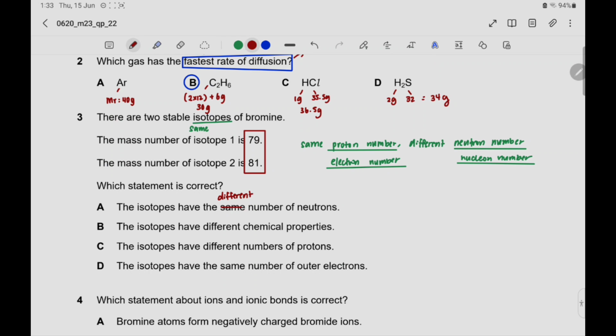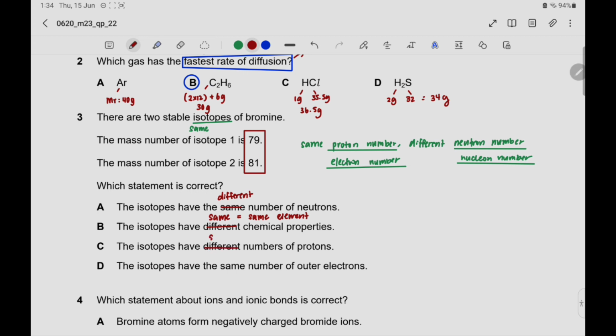Okay, they will have the same chemical properties. How come? They are the same element, right? If you are the same element, you should have the same chemical properties. Even in the same group, we also say that they have similar chemical properties, right? So do isotopes have different proton numbers? No way.